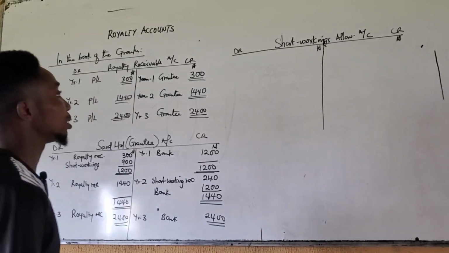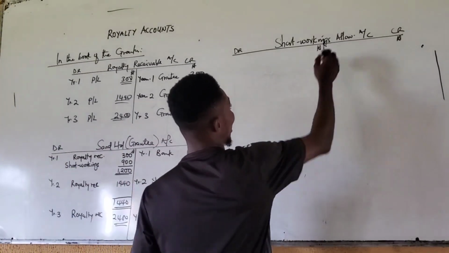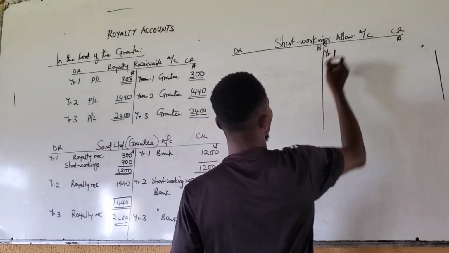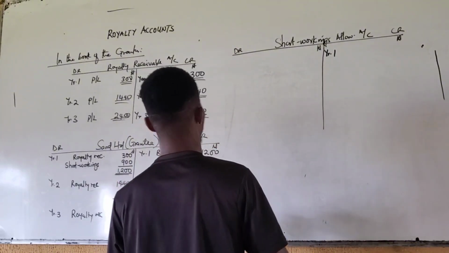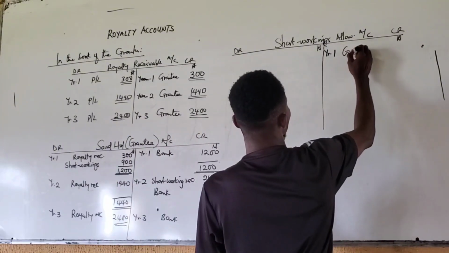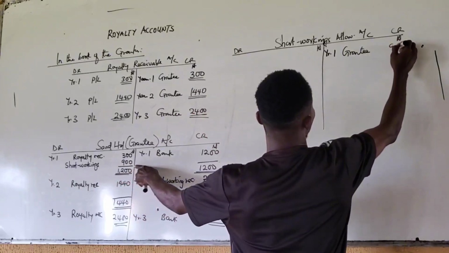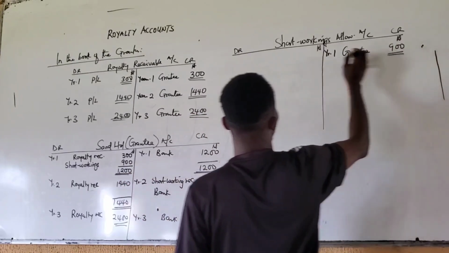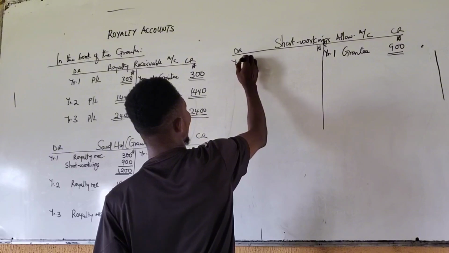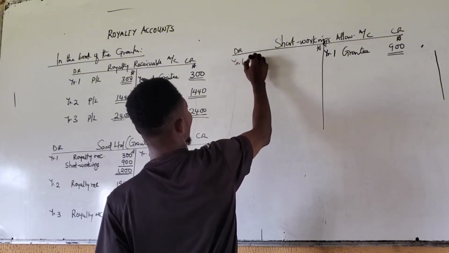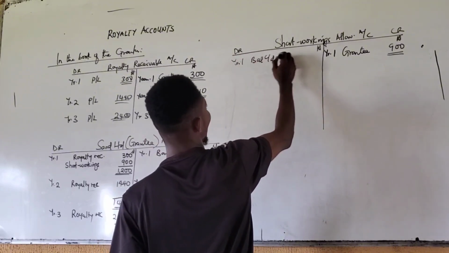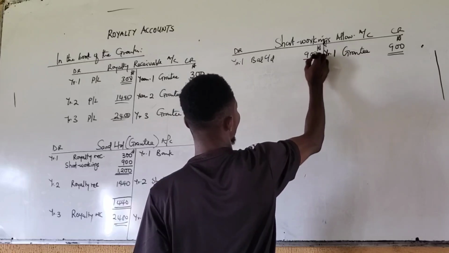So it has to be a credit balance account. Year 1, from the lessee's account or the grantee's account, Sand Limited, how much is the short workings here? 900. Balance the account. Year 1, balance carried down 900.